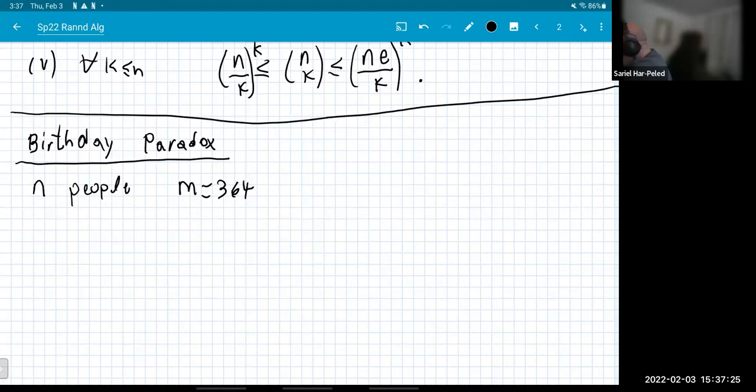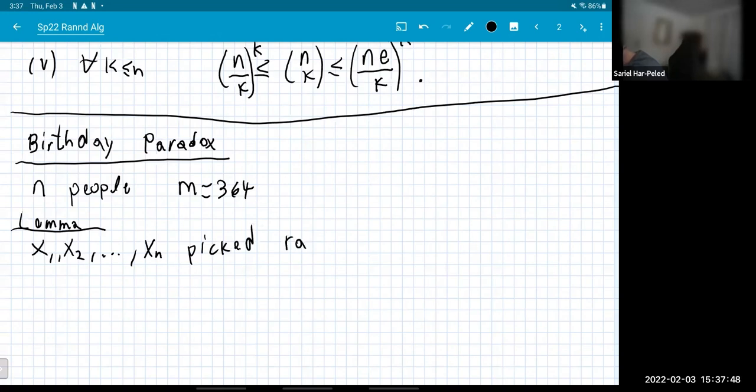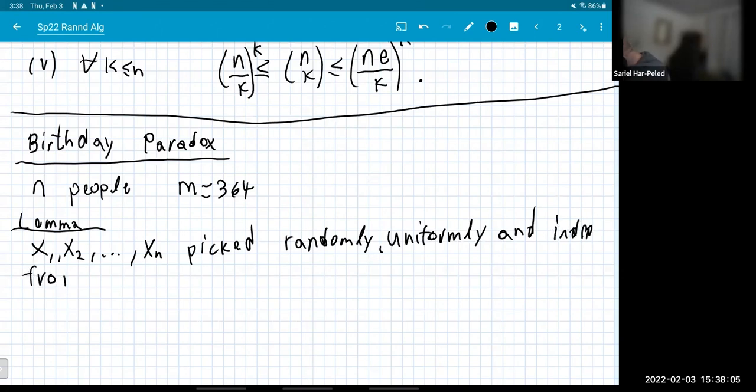So okay, we want to estimate this. So let me try to define it more formally. We are going to have n random variables that are picked uniformly and independently at random from the set 1 to n.